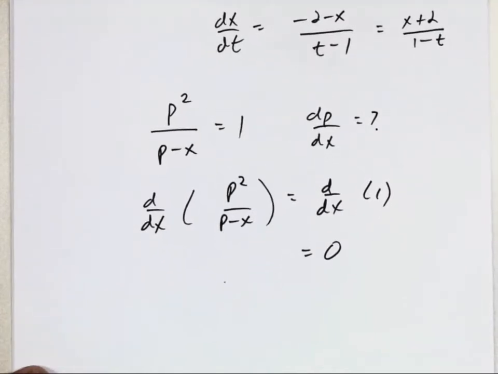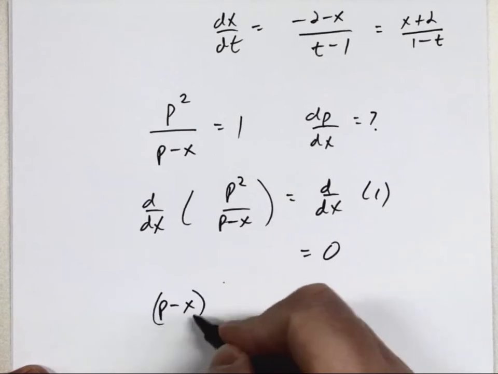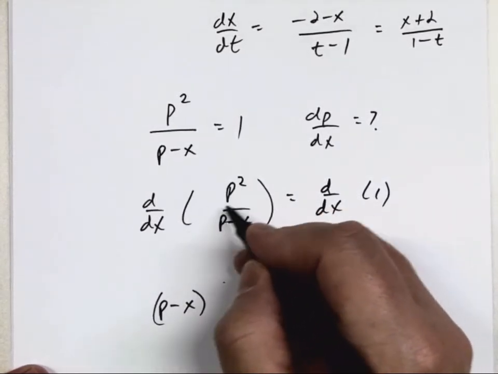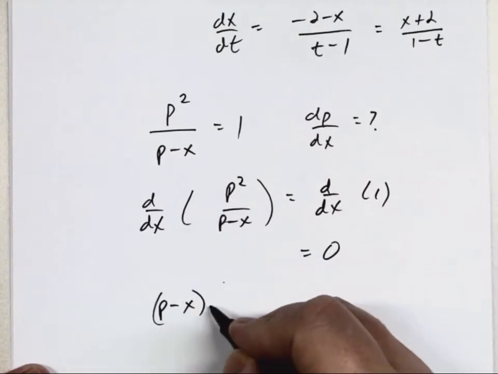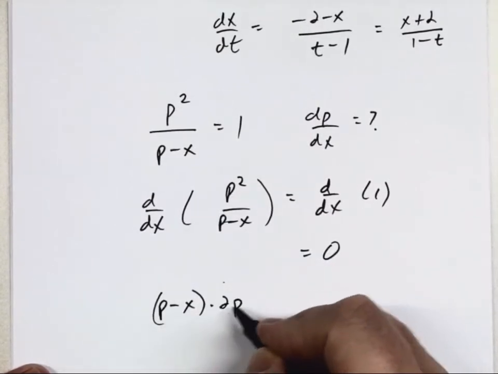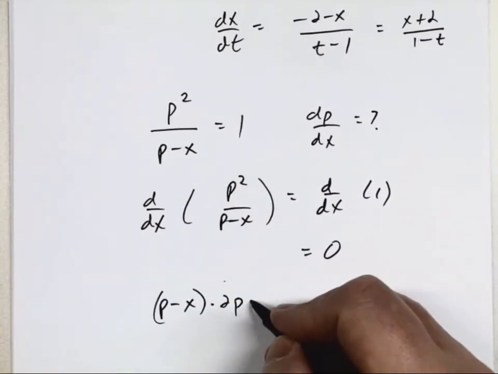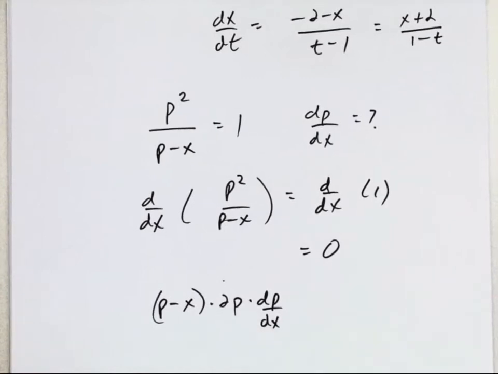So let's go back over. The quotient rule says the low times the derivative of the high. So I'm going to take the derivative of p squared with respect to x. So you do 2p, so bring the 2 down, subtract 1, but then you have to also multiply by dp dx.